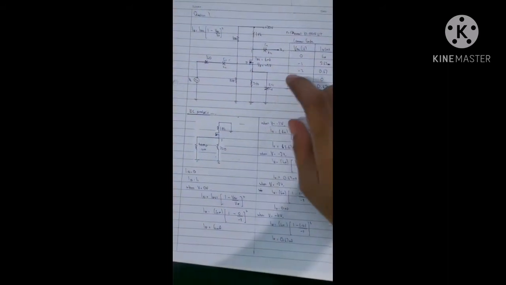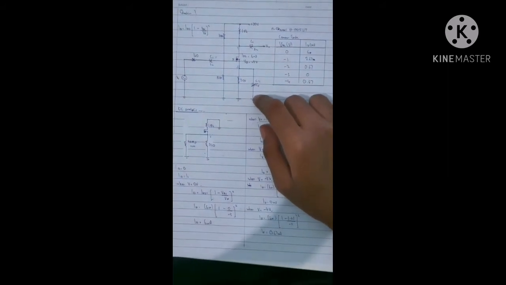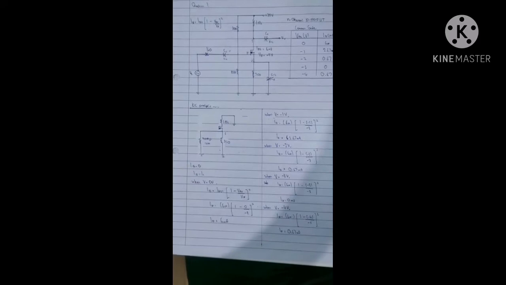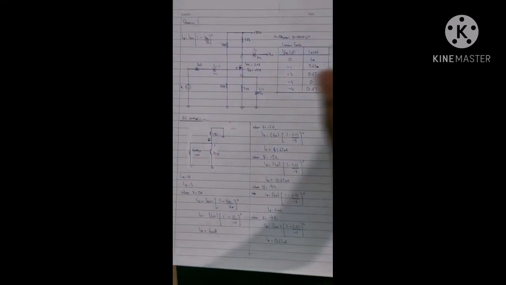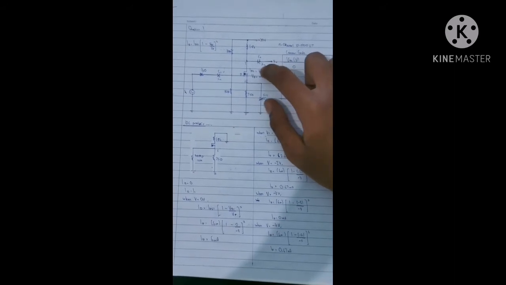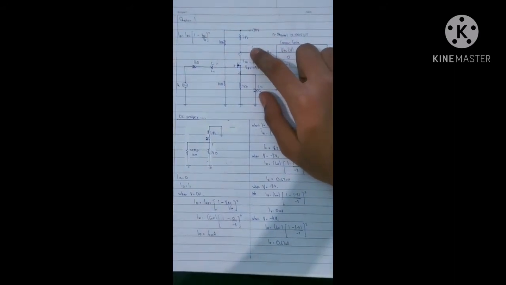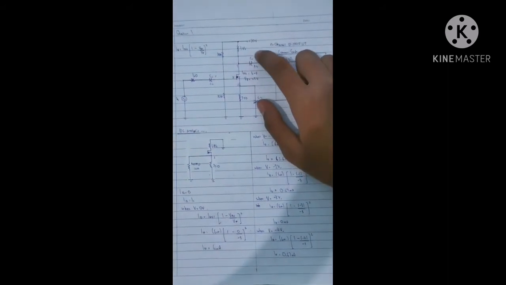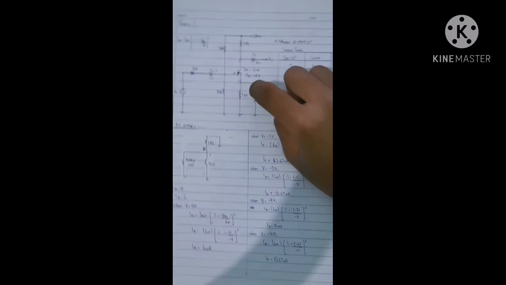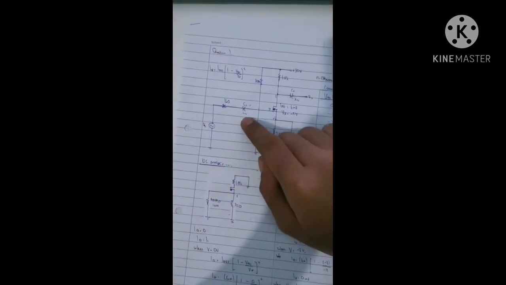Based on the first question, my advice is we need to reconstruct again the circuit that has been given in the question. So we need to short circuit all of the capacitors in the circuit, which are CS and also CI.